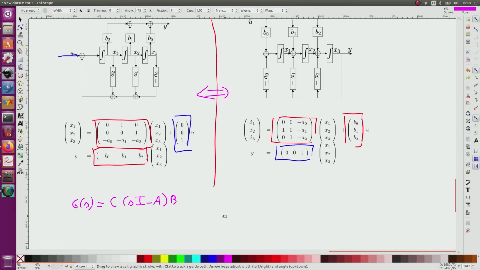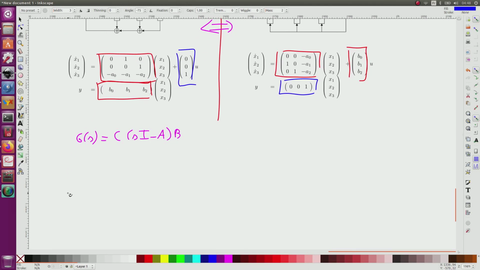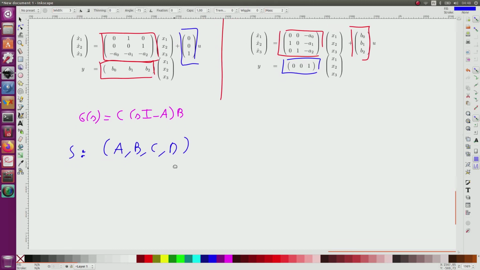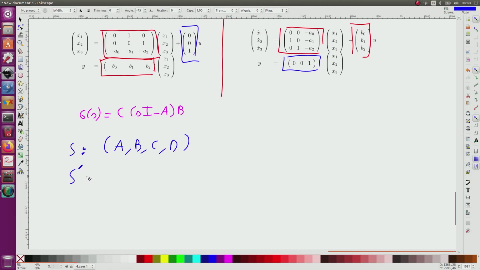So just a remark, if I have a system S given by a matrix A, B, C, and D in general, and if I make the new system S prime given by A prime, B prime, C prime, D prime, but with A prime equal to A transpose, this one by C transpose, this one by B transpose, and this one by D transpose.